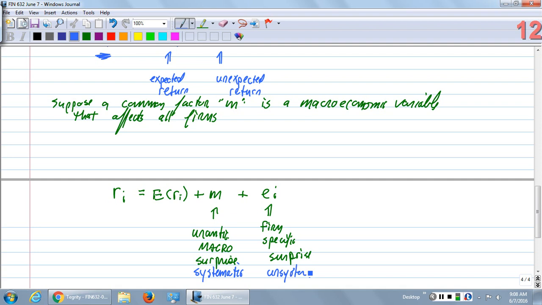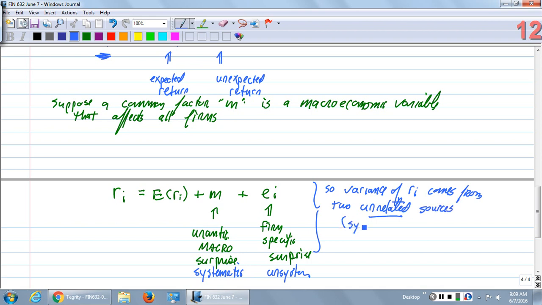So then your textbook says, with this in mind, the variance of our return, which is a measure of risk, right? The variance of R sub I comes from two unrelated sources. The systematic and the unsystematic. Those are unrelated. There's no correlation at all.